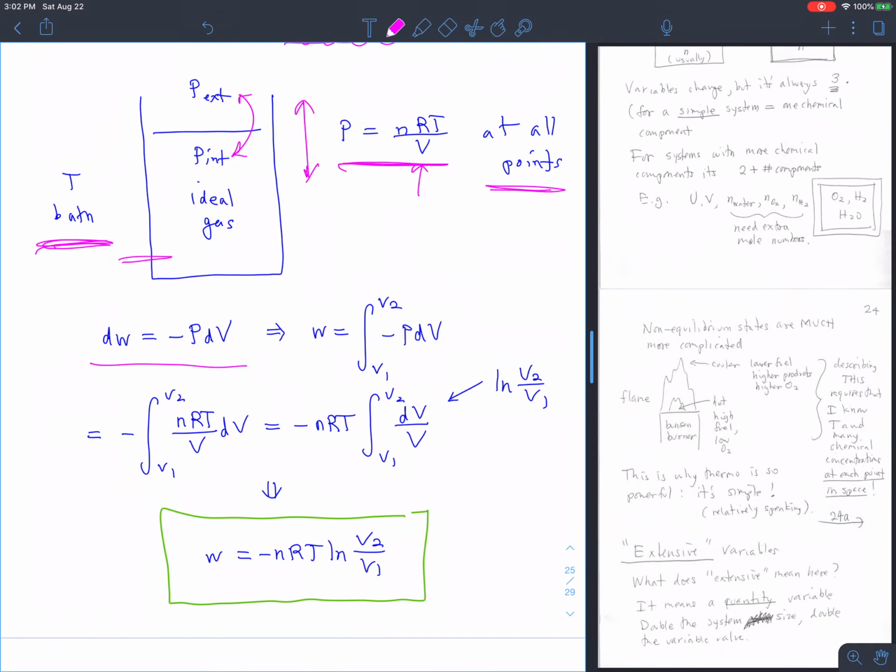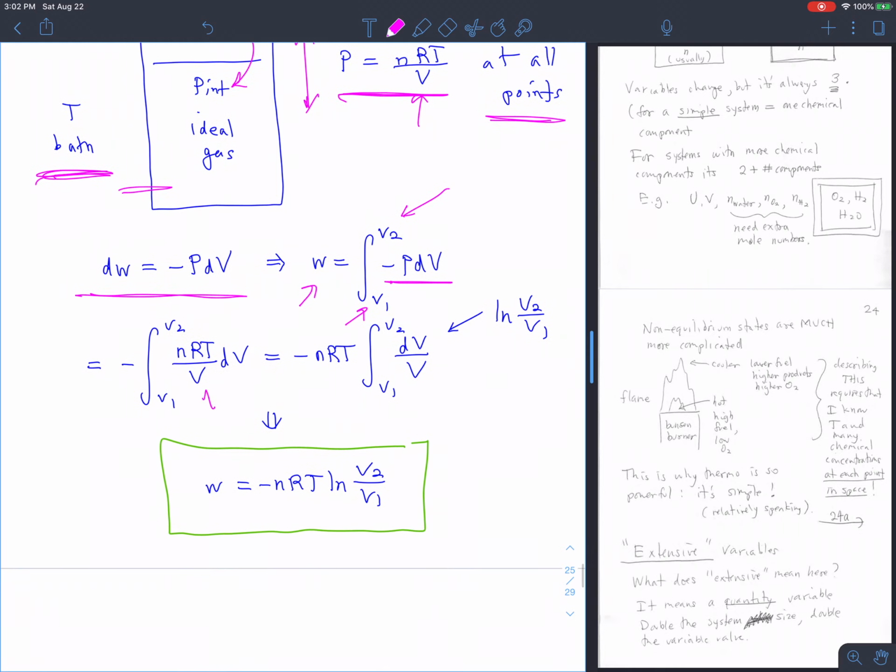Now let's use our work formula. dW is equal to minus PdV. The P is whichever in this case, so just P. Therefore, the total net work is the integral from the initial volume to the final volume of minus PdV. Plugging in the ideal gas law, that's minus nRT over V. Factoring out the constants, T is a constant in this case, right? It doesn't change in the integral.